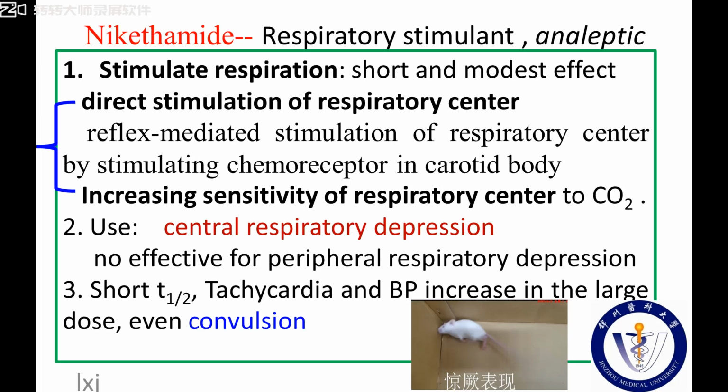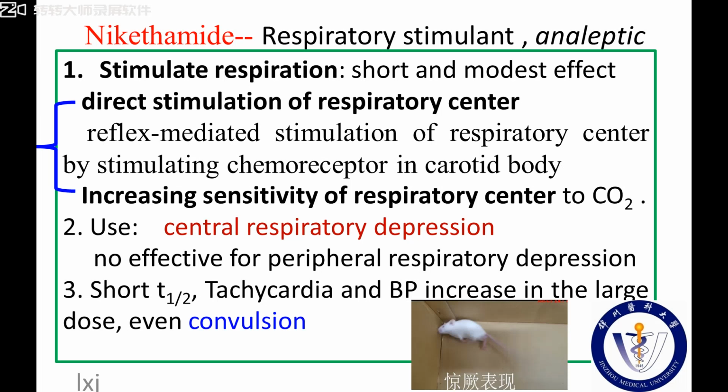It is effective to correct the respiratory depression caused by morphine, but for the other effects caused by morphine, like meiosis, nicotinamide is not effective.